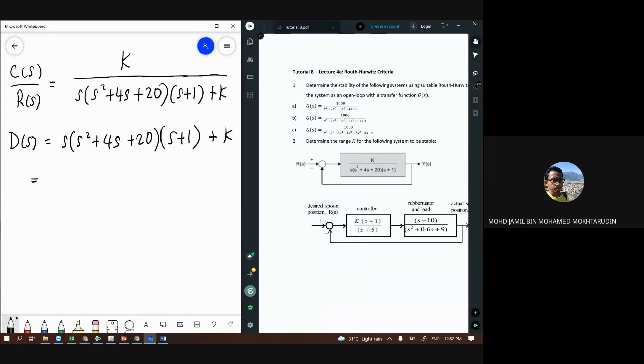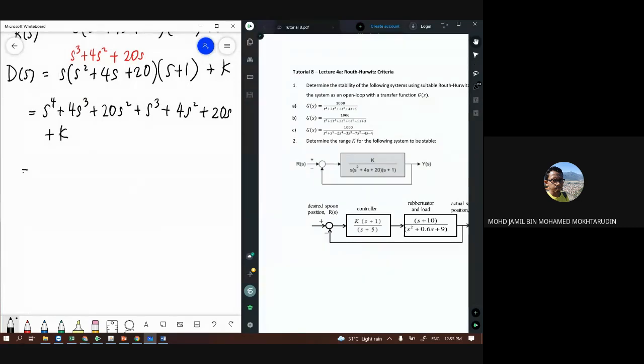So we expand: S to the power 4 plus 4S cubed plus 20S squared plus S cubed plus 4S squared plus 20S plus K. Let's take a difficult question as an example.